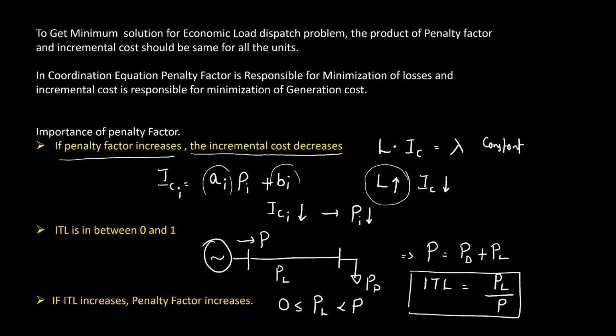So your incremental transmission loss will be between 0 and 1. Understand? So the third point is, if incremental transmission loss increases, the penalty factor will increase.